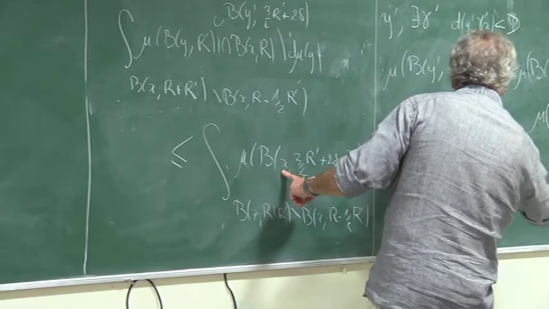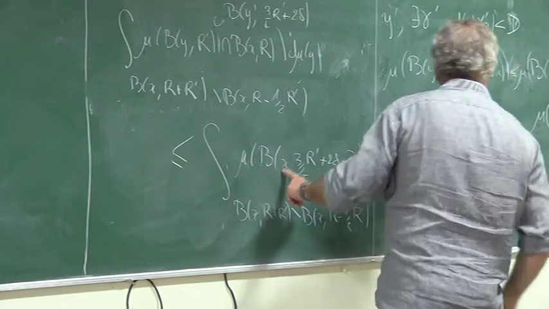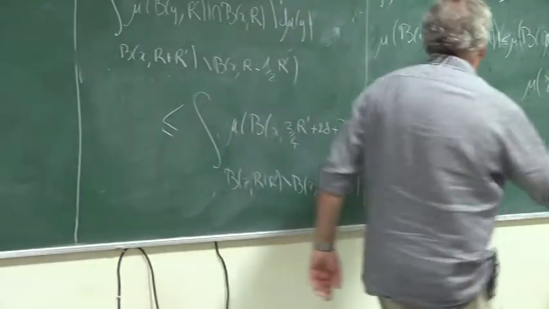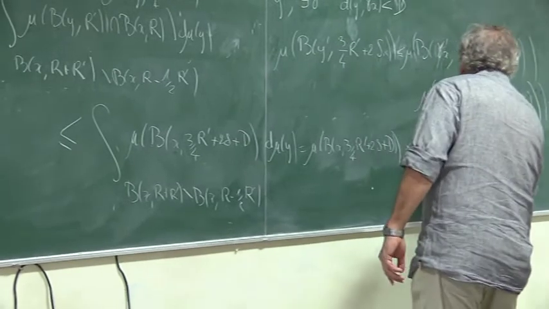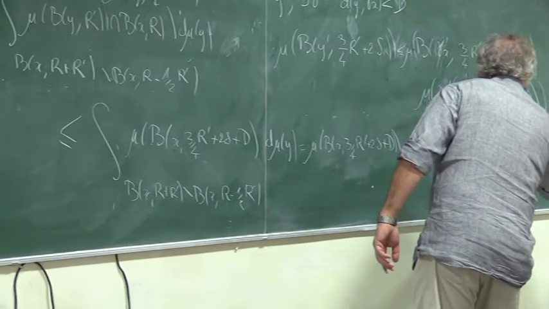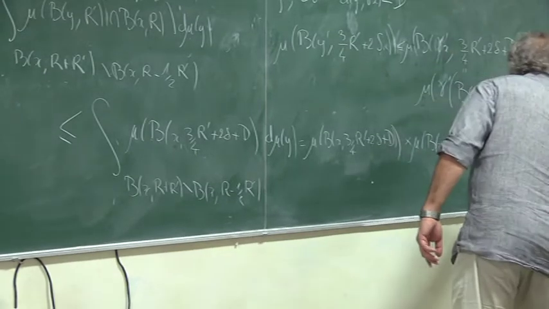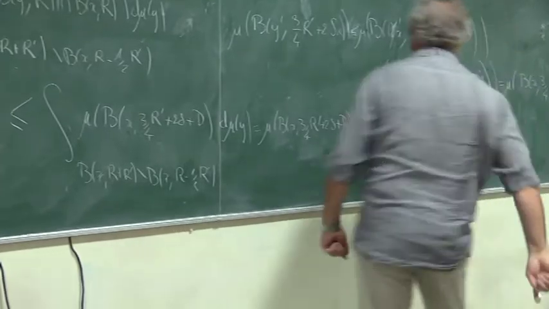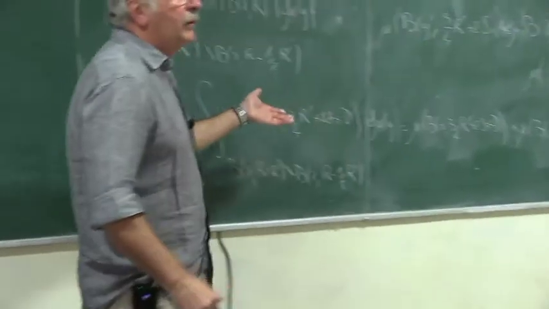R prime plus 2 delta plus d times, well, the measure of this. Let me write it, although it is clear. And this is what we wanted to get.